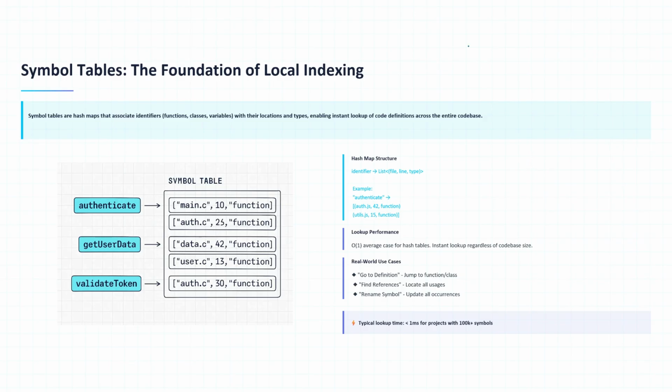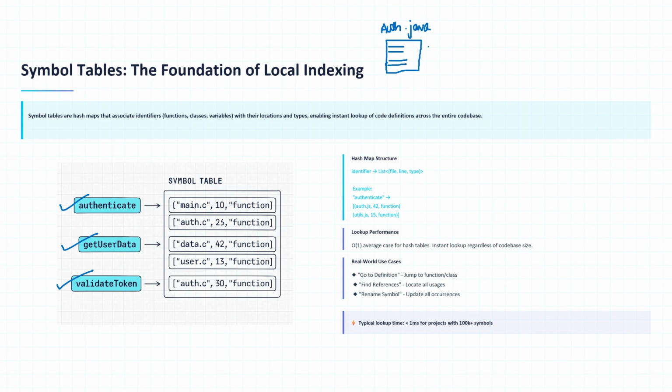So let's say I have a file named auth.java. Now auth.java contains three methods: authenticate, get user data, and validate token. And they might be at different line numbers, right?